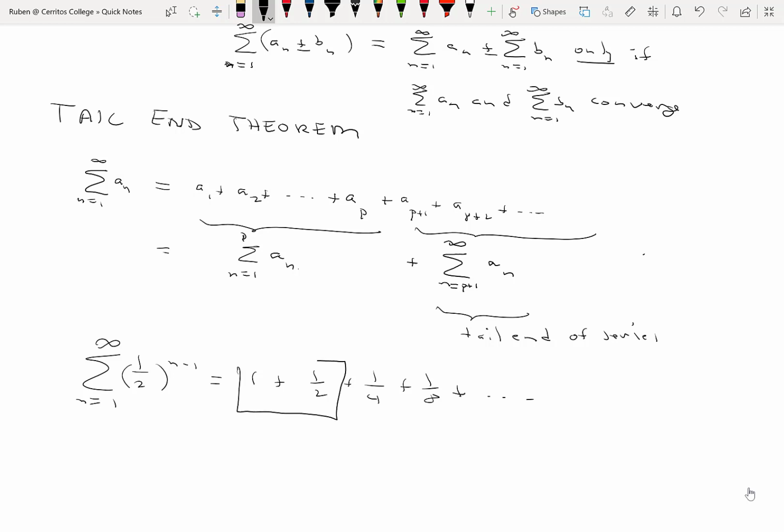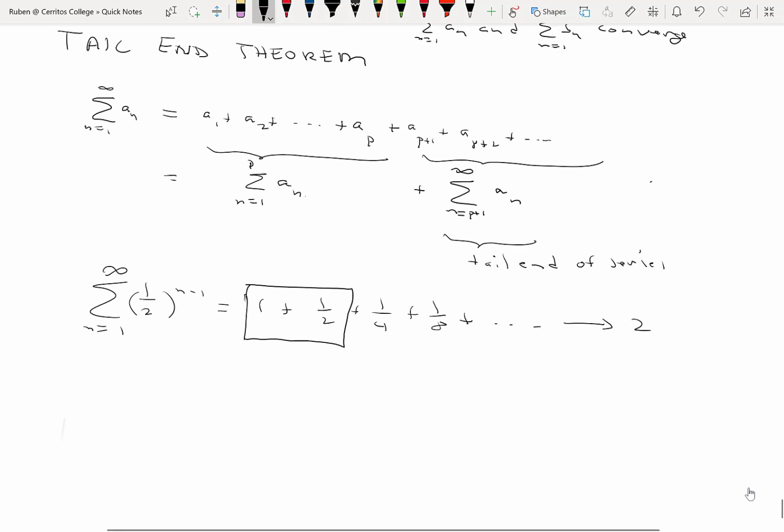Removing 1.5 pizzas is not going to affect whether the series converges or diverges. Convergence occurs as n approaches infinity, or divergence, but it certainly is going to affect the value of this convergent series. The series converges to 2. If you remove 1.5, the new series now converges to 1/2. Okay, so we don't affect the convergence or divergence, but we certainly affect the value.